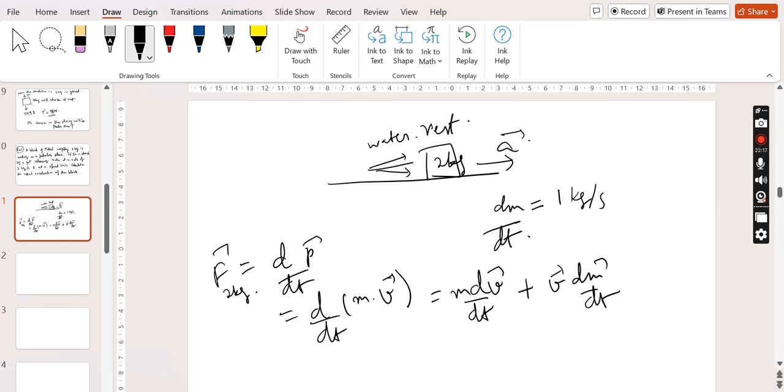The water velocity is not changing at all, so this will be 0. So velocity here is 5 meter per second into dm dt, which is 1 kg per second. This is 5 meter per second.